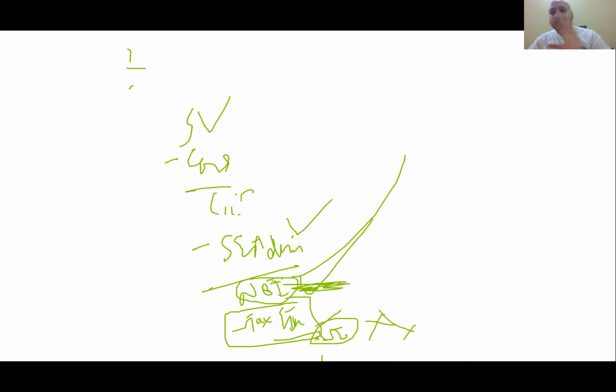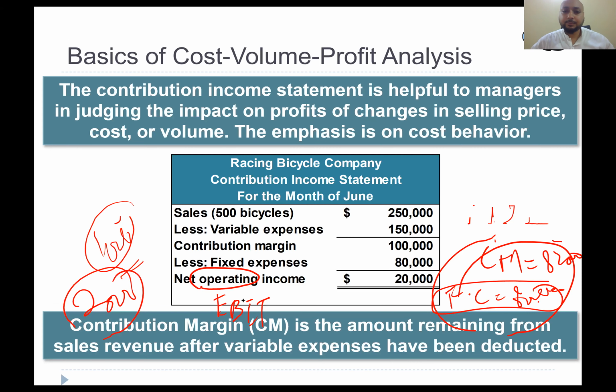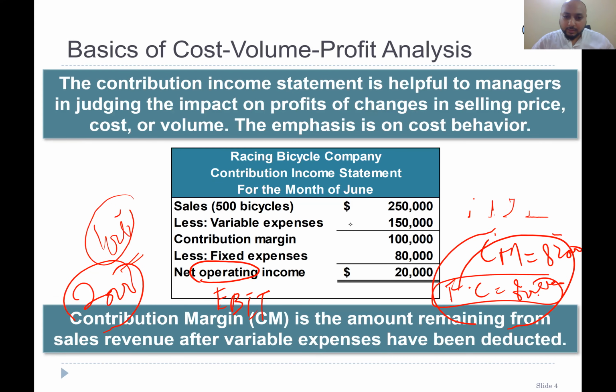So throughout this chapter, we will be focusing on NOI, not NI. Net operating income is also called in finance books and other accounting books EBIT, which is earnings before interest and taxes. Okay, let's move.